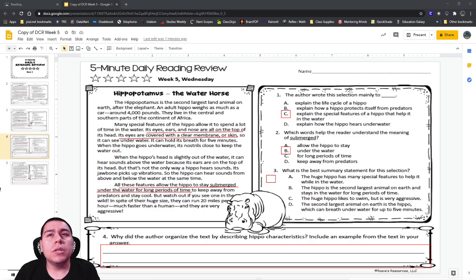A, the huge hippo has many special features to help it while in the water. Okay, what is one special feature they tell us about, Nakai? What's one special feature they tell us about for the hippo?